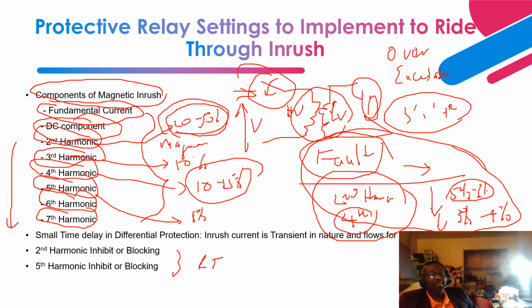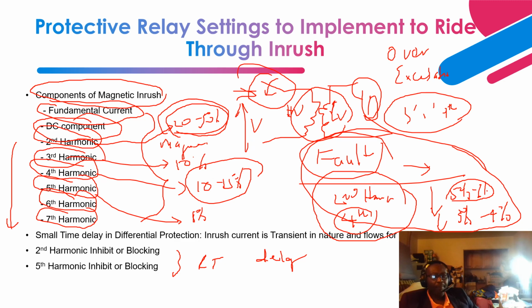Another setting that you can utilize to ride through the inrush is adding a little bit of delay to the differential settings. As you know, differential protection is the primary protection for the protective relay, and more often than not, the differential setting is instantaneous, with no time delay.